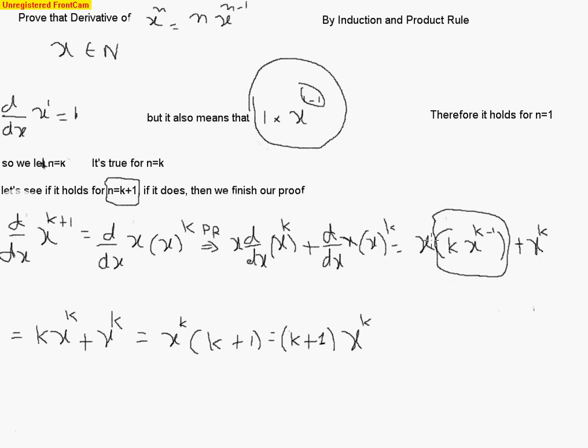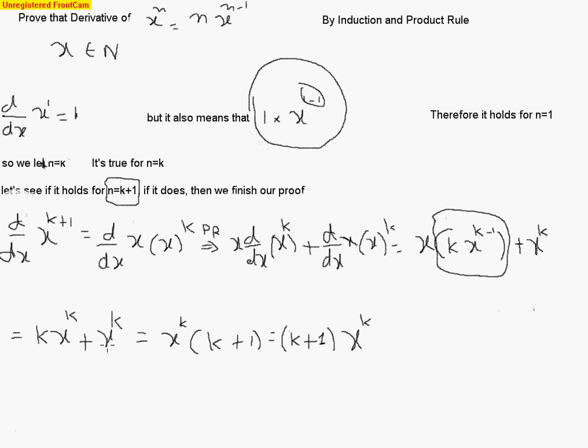If we simplify this expression, we get this expression right here, because this is x to the power 1, so x to the power 1 multiplied by x to the k minus 1. Minus 1 and plus 1 cancel each other out. We get k x to the k power plus x to the k power right here.